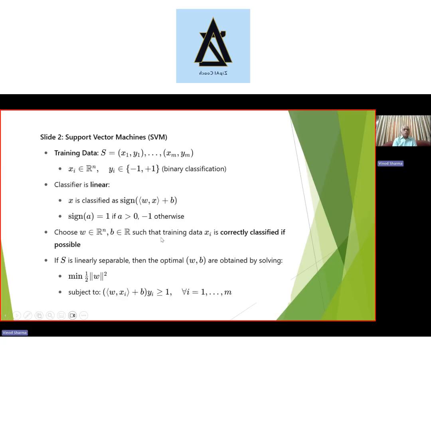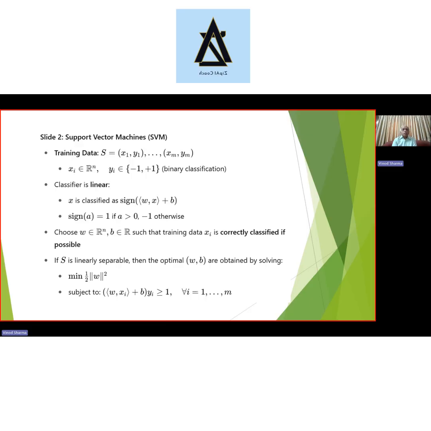So what we do is, from the training data, we try to get the optimal W and B, which will give the best classifier. How it is done is by solving this optimization problem. If this training data is linearly separable, that means there is a W and there is a B such that by choosing that and using this classifier, we will be able to classify all the training data properly, which means that they will give the same value as the yi.